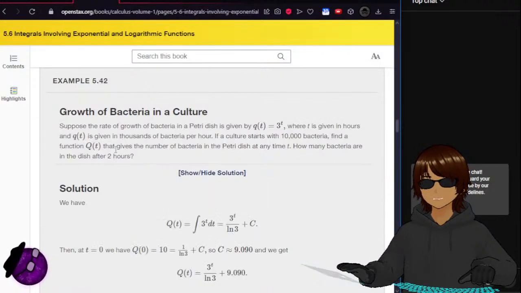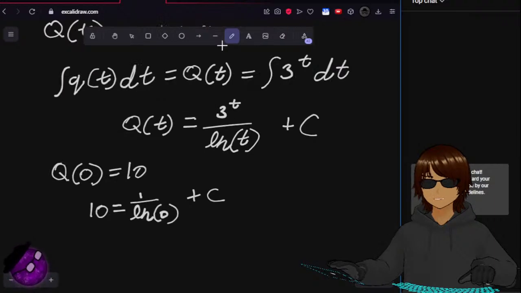So how do I do this? Whoops, wait. It's ln of 3, not 0.